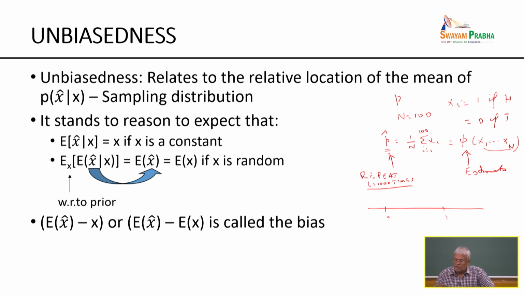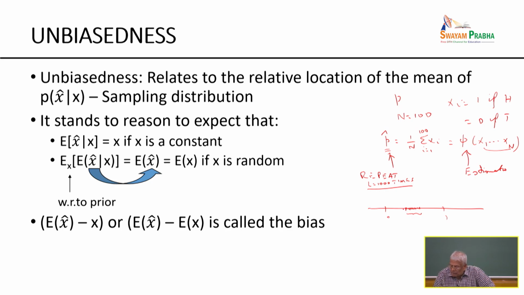So I will have 1,000 different estimates of the probability it falls head. If you plot these 1,000 values, they will all cluster around in a small neighborhood here. So this is the interval over which all the 1,000 values are going to cluster around.